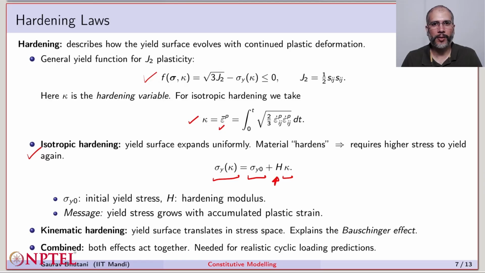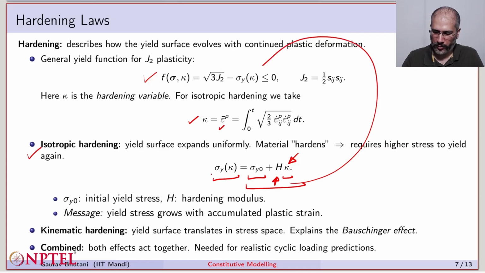So it's a linear model for the yield stress as a function of kappa. So as kappa increases over time, and you know it does, sigma yield increases linearly with that. So you insert this function into your yield function to get the updated yield surface.